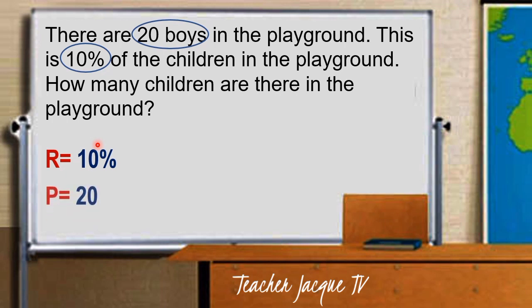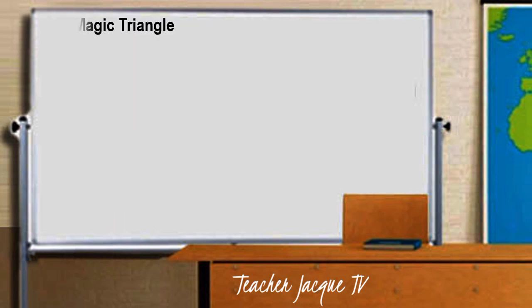And then, we have the percentage na 20. Kasi, yung 20 boys, iyon yung portion or part ng lahat ng mga bata na nasa playground. So, ang hinahanap natin ngayon ay yung base or the total number of children na nasa playground.